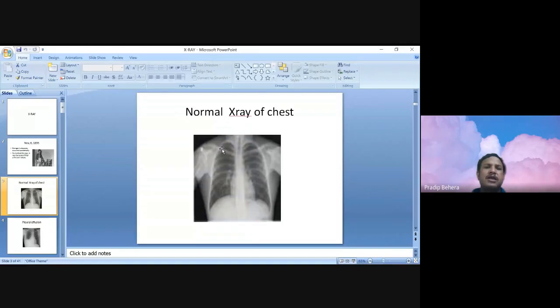Suppose there is a right-sided fibrosis, the trachea will be deviated to the right side, or if there is a left-sided fibrosis, it will be shifted towards the left. So the position of the trachea can be identified in the X-ray that corroborates our clinical finding. So you first describe that in this X-ray of chest PA view, the trachea is central.